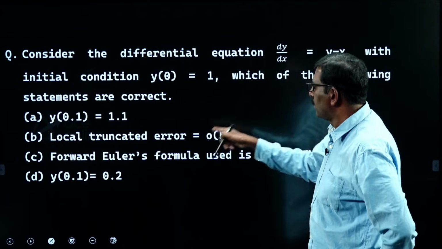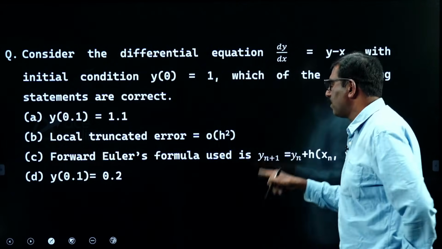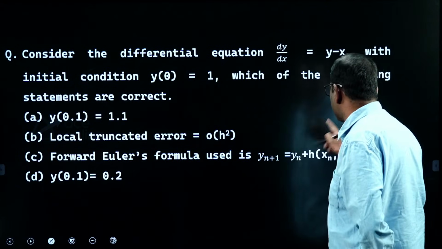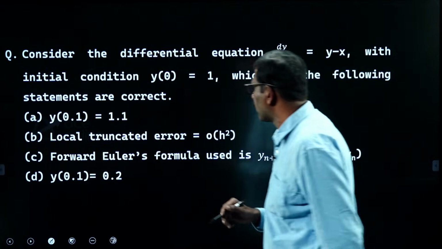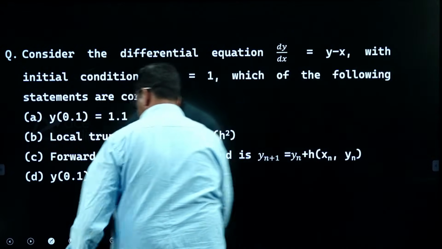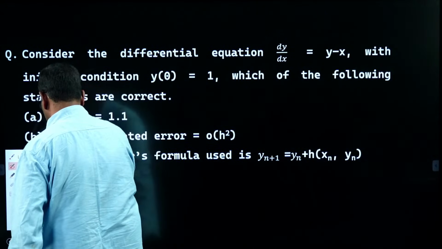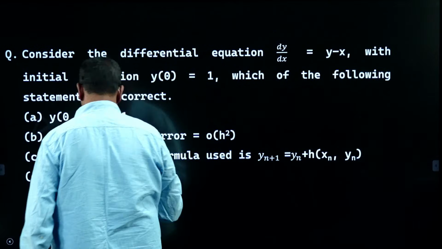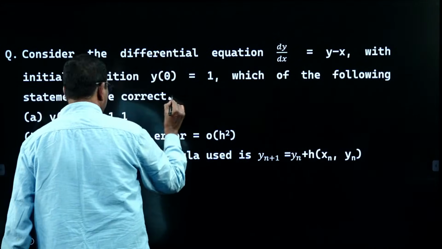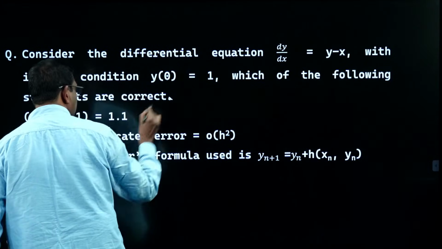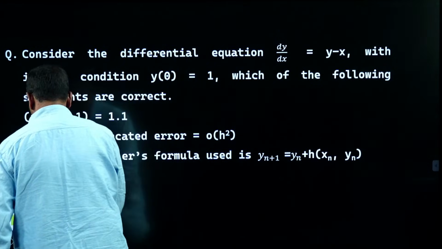One is forward Euler's formula. Forward Euler's formula used is y of n plus 1 is equal to... Which of the following is correct, just one piece of information, there is a typo error in one small piece of information.